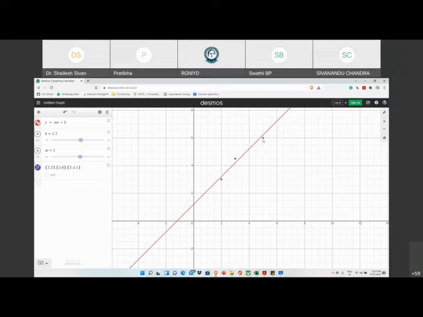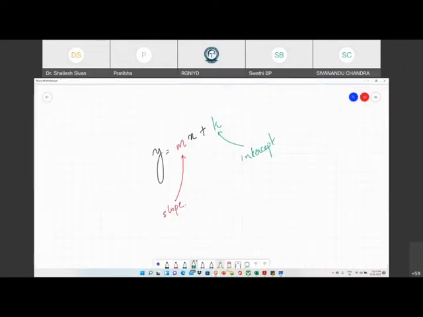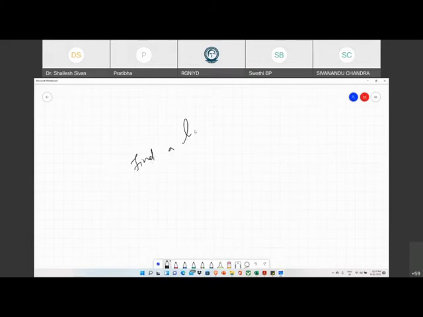So finding a line means, what is the task? Finding a line implies find the values of m and k. Is that clear? Is the idea clear for you?